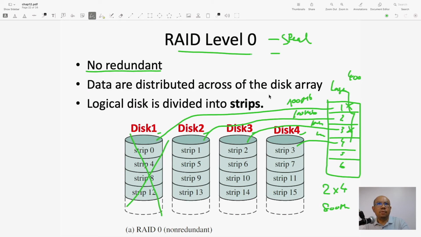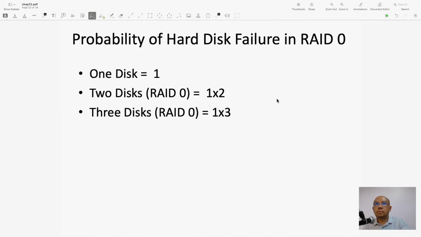That is the disadvantage of level 0. Consider the probability of failure in level 0. When you have only one disk, its probability is 1.